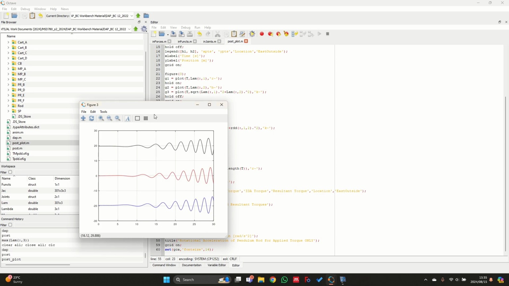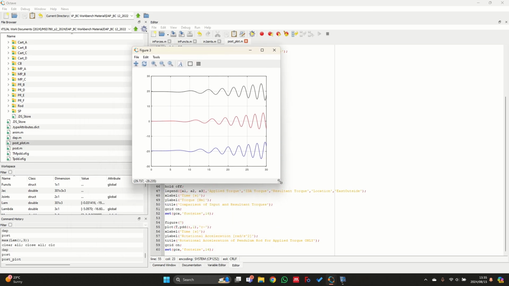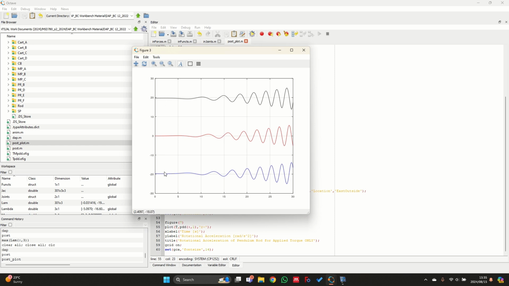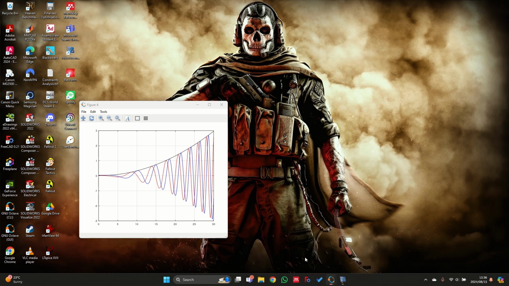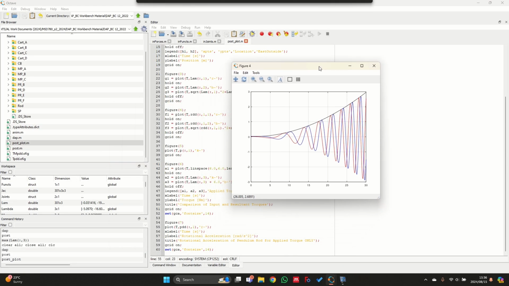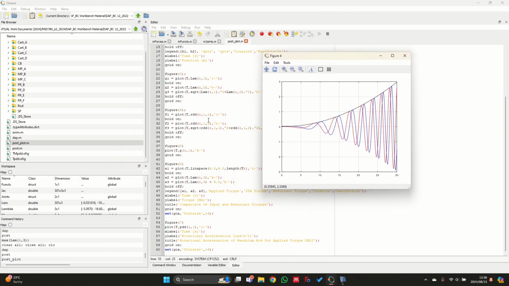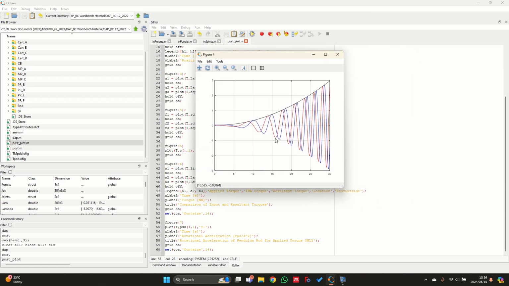Then for figure 3, these are just the reaction forces in the X and Y directions. And we can see that's -20, 0, and 20 that we start off with, and then we have some oscillations later on once we've reached higher velocities over here. Once again, I think figure 4 is actually the accelerations with respect to time that we're looking at.